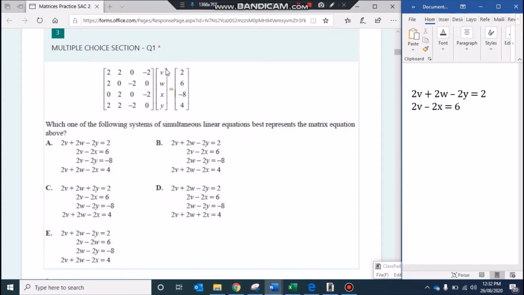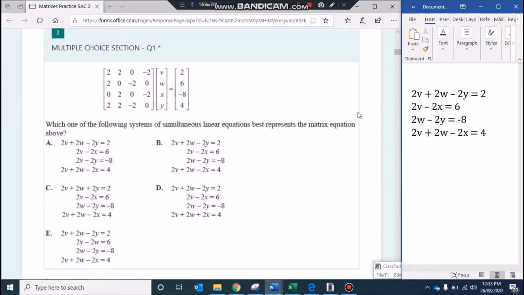So 0 with v, 2 with w, 0 with x, negative 2 with y, and that equals negative 8. And finally, we've got 2v plus 2w minus 2x, and that equals 4.